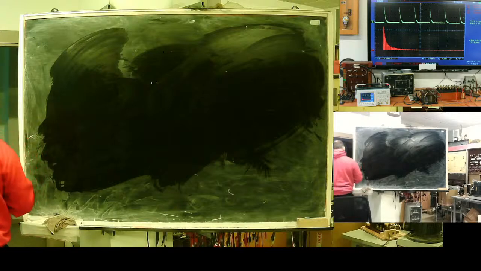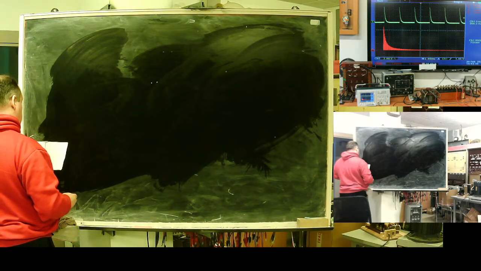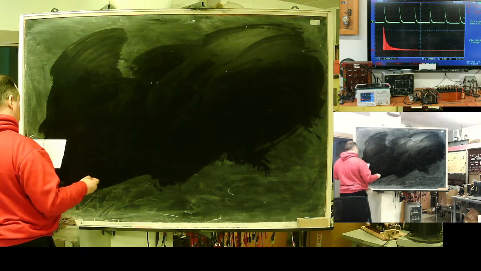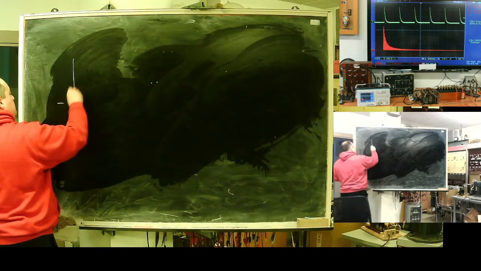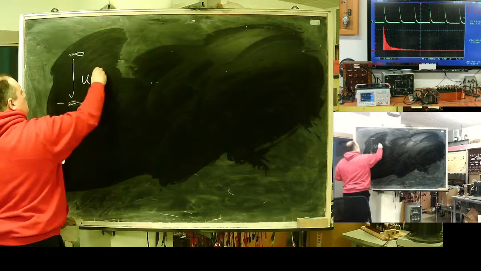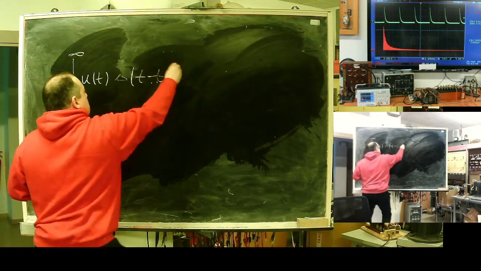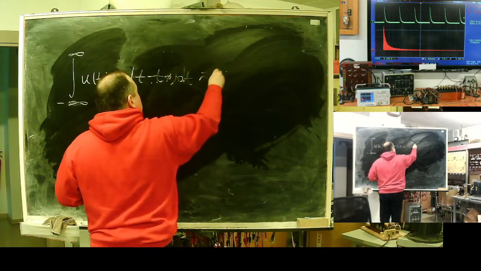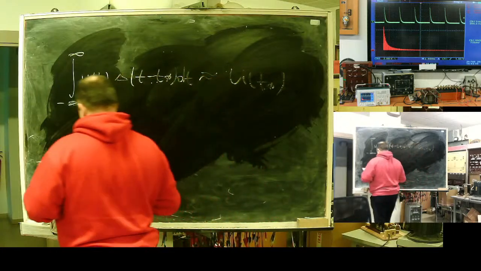Since I can use any time, what can I write? The integral from minus infinity to infinity of 1 times delta t minus t0 dt approximately equals the voltage at time t0.